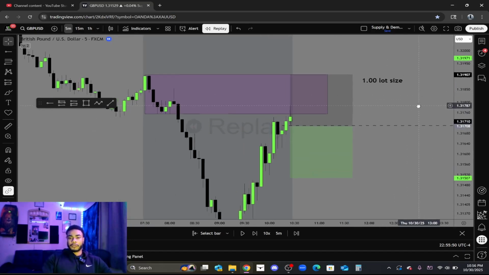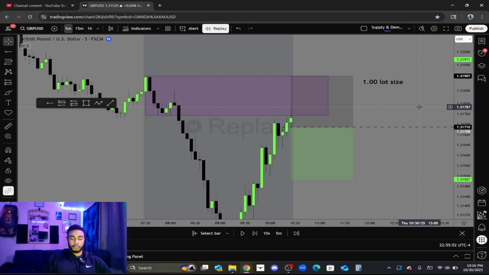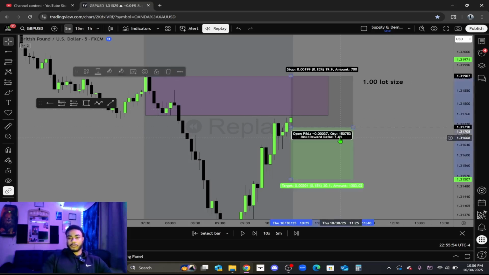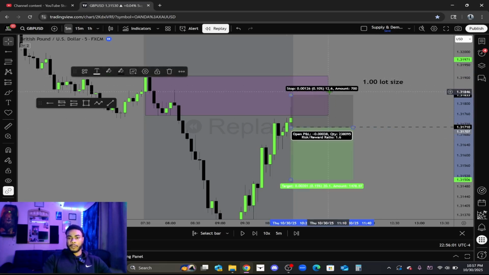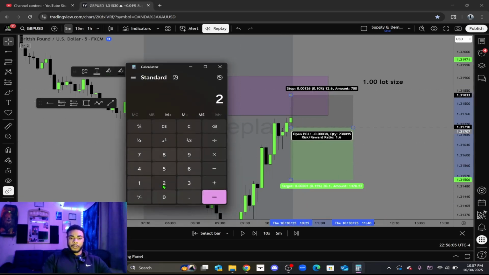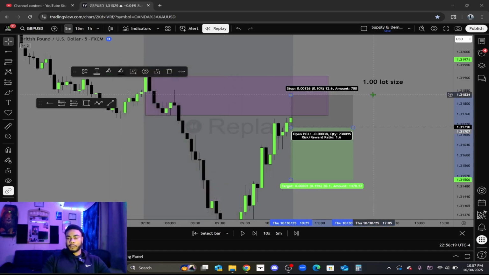I usually just do it through my phone, very quick. I set this up, I see how many pips I'm risking or where I want to place my stop loss, and then I go to the calculator, take how much I'm risking divided by the amount of pips, and that gives me my lot size. If I'm risking $200 with 12 pips, that's going to be $16.60 per point.